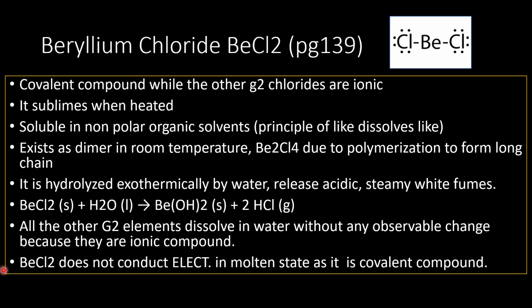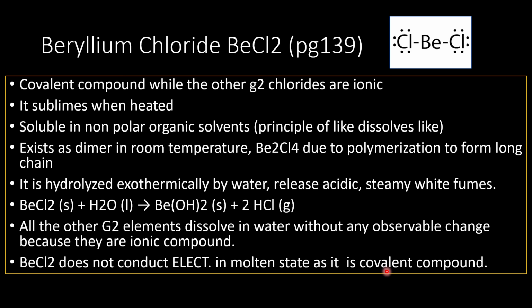You must also remember one thing: beryllium chloride does not conduct electricity in the molten state because it is a covalent compound. Hence, it does not have any ions present in the molten state, which means it cannot conduct electricity in the molten state.